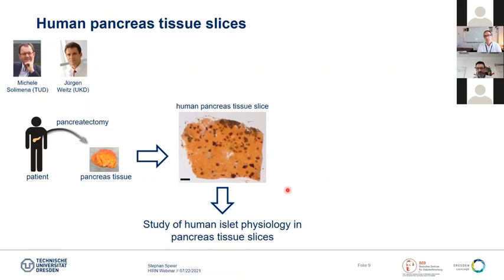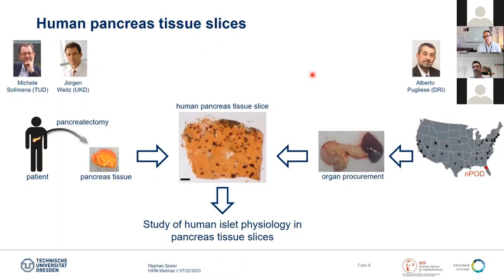And shortly after that, and after presenting the technology at a meeting, I was approached by Alberto Pugliese, and we teamed up with NPOD, and together with Alejandro's lab and the lab of Alberto Pugliese, and people from NPOD, from Mark Atkinson's lab, we then set up the approach to slice tissue from organ donors that comes in EndPot.